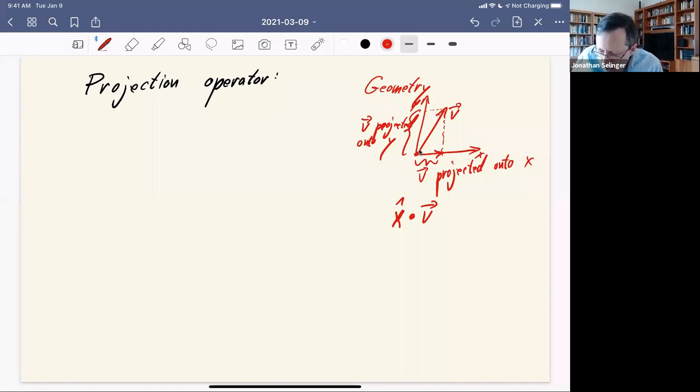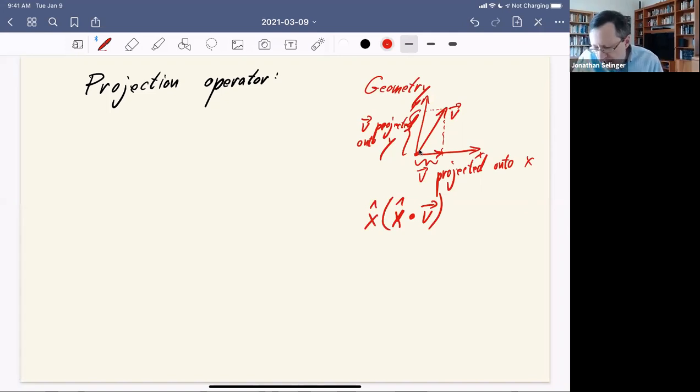But if we want a vector with that magnitude in the x direction, that would be x hat times x hat dot v.